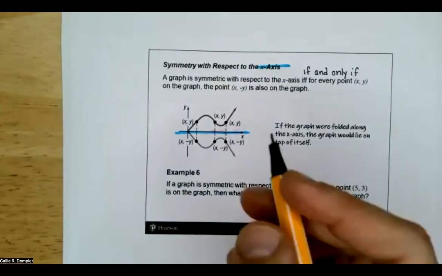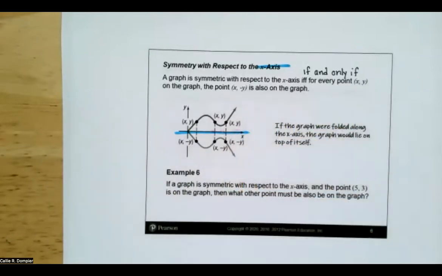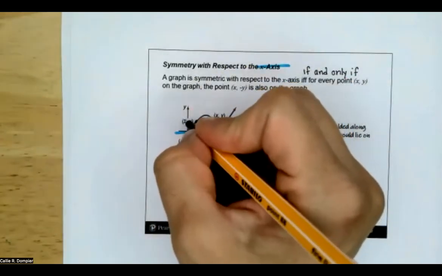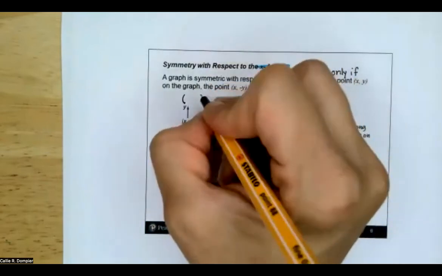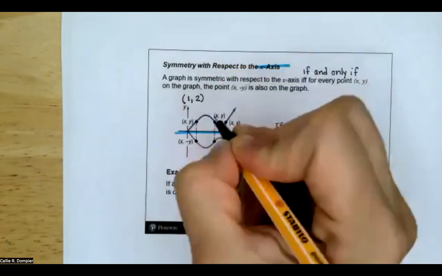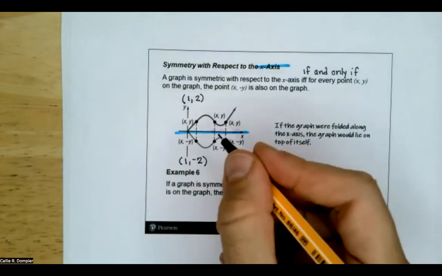All right, so what does it mean? Every point xy, the graph has the point x negative y. I'm going to make up what each of these is, right? xy, x negative y. So if this is 1, 2, this is going to become 1, negative 2, right?